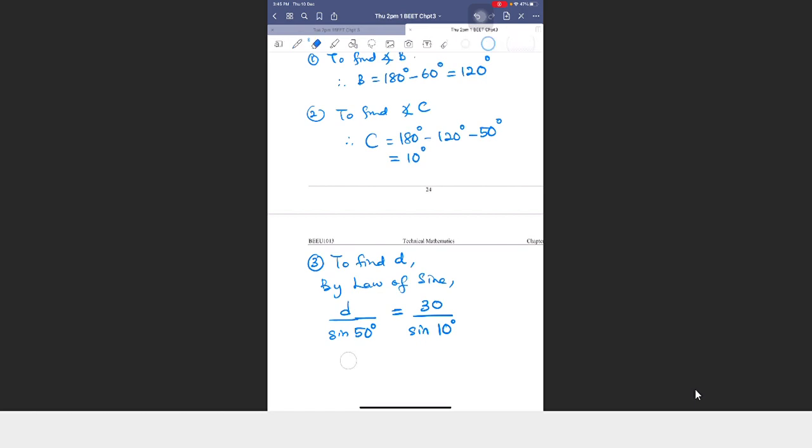Then we can get D. So D will be 30 times sine 50 degrees divided by sine 10 degrees.